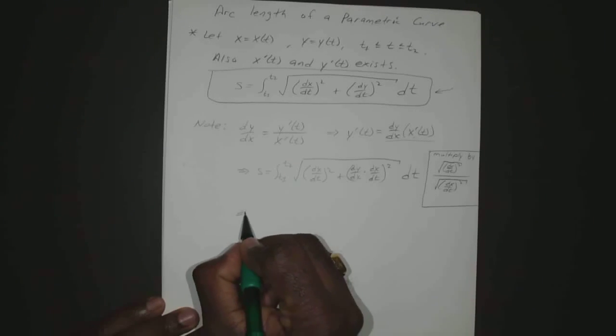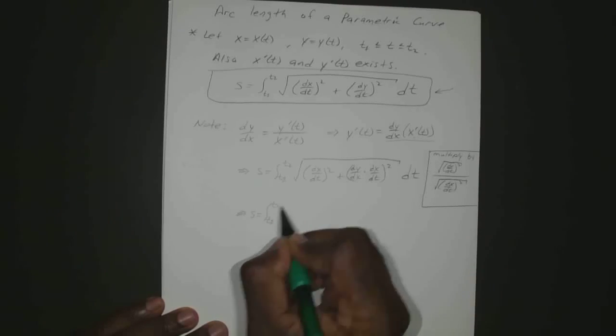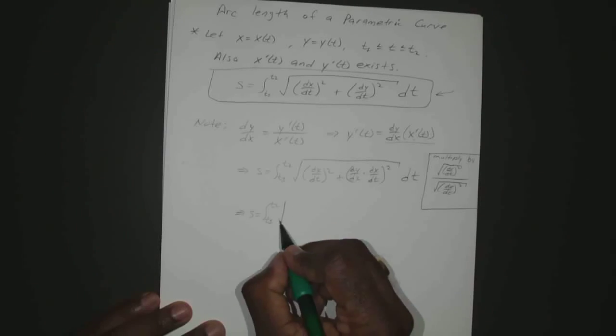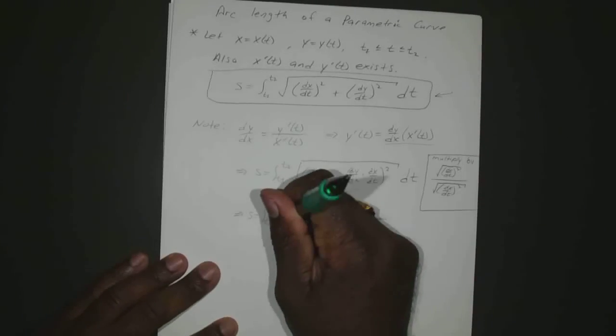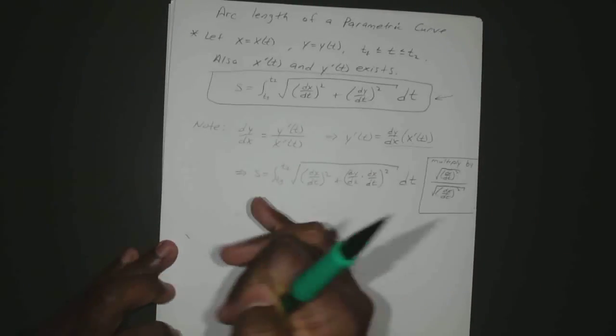Then that's going to give us s equals the integral from t1 to t2, the square root.